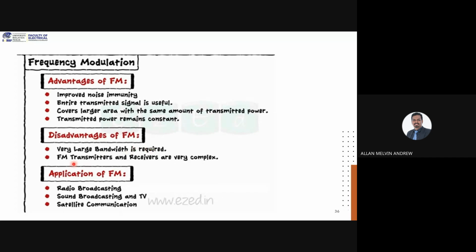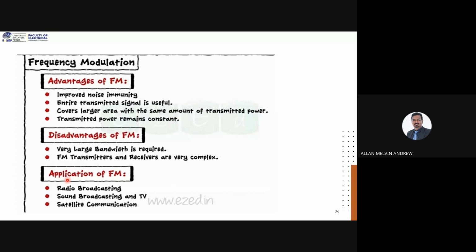Then FM transmitters and receivers are very complex in construction, because you are dealing with frequencies. You need something like a frequency analyzer inside to determine which frequency it is. A lot of things are involved, and because of that the transmitter and receiver become more complex, and when it becomes more complex, it becomes costlier. Okay, so those are some of the disadvantages.